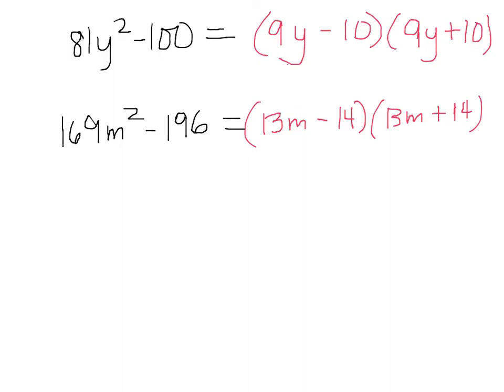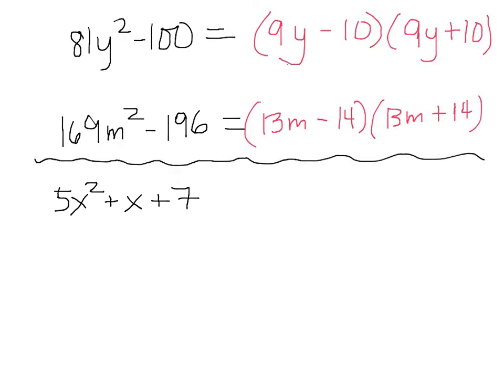Of course, not everything can be factored. There are some situations where you have, let's say, 5x squared plus x plus 7. When I take a look at this, it's definitely not a difference of squares, but I try to see. I know I can get 5x and x, and I can get 7 and 1.